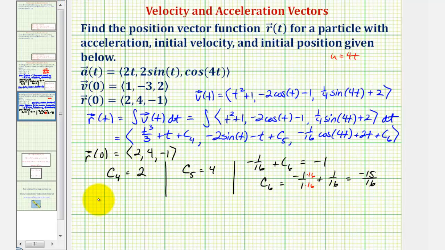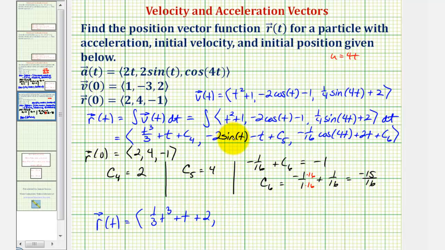So finally, now we know our position vector function r of t has an x component of 1/3 t to the third plus t plus c sub 4, which we know is 2, so plus 2.